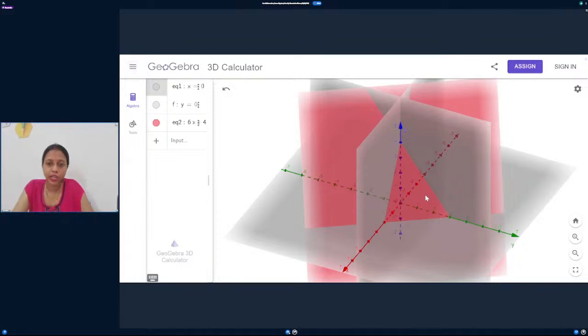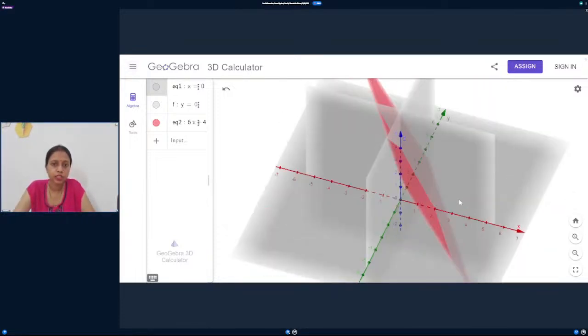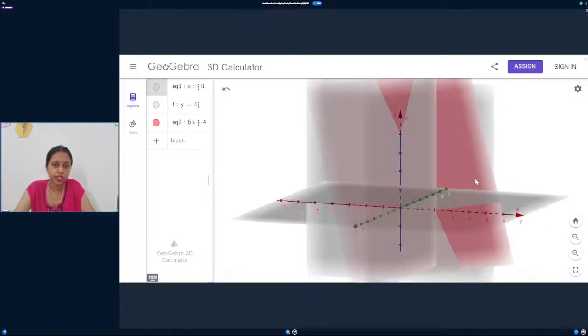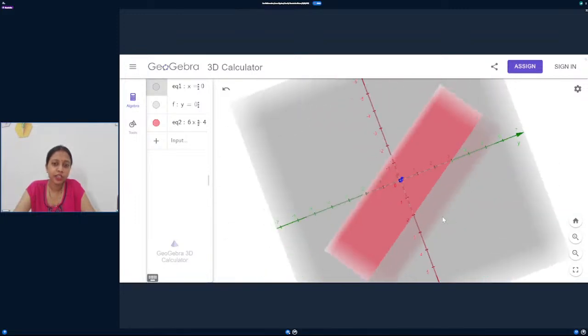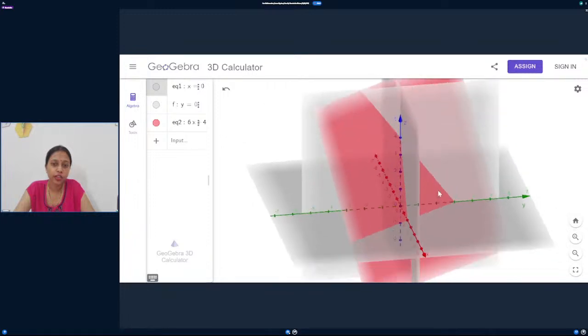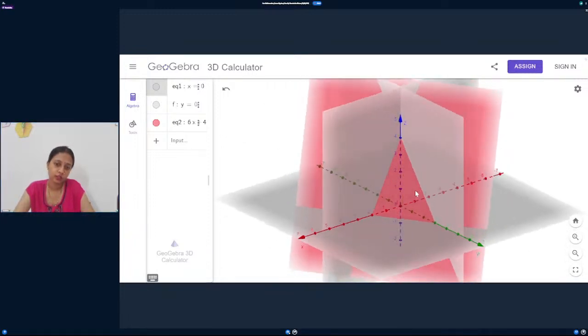So the red one is your plane. You can see it is intersecting actually all the planes. But what portion does it represent on the first octant? In the first octant, can you see that triangle?